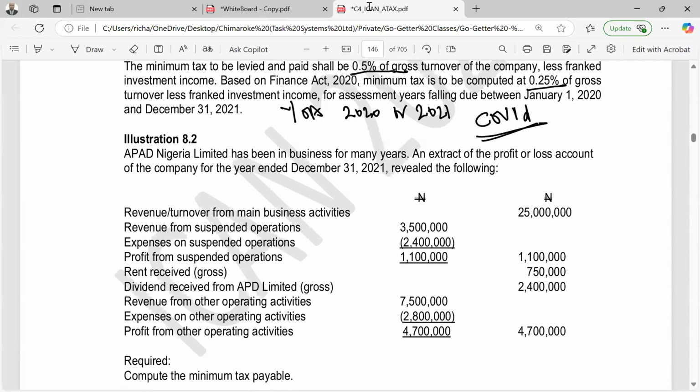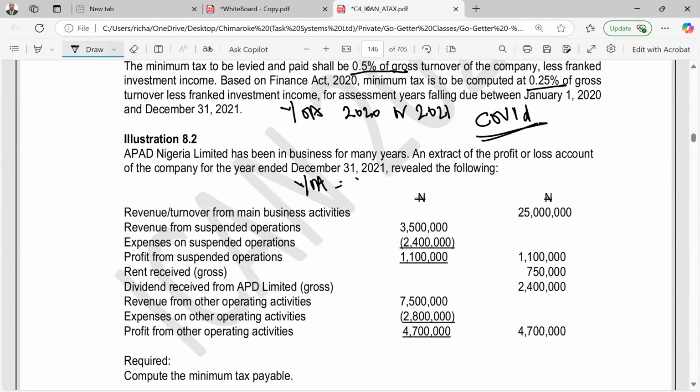An extract of the profit and loss account for the year ended December 31st, 2021. I'll immediately do something here and say the year of assessment is 2022.